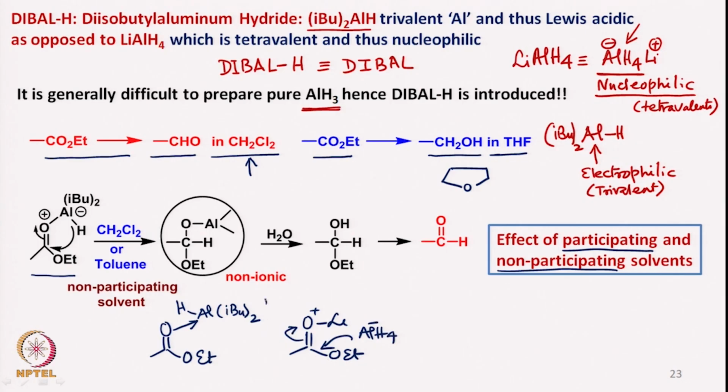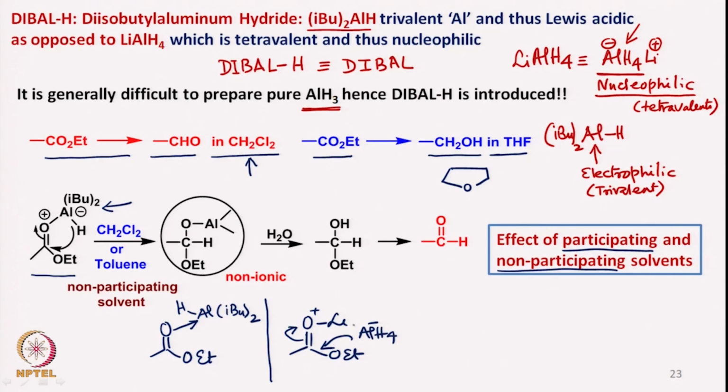The difference between these two is that the interaction of the ester oxygen with DIBAL leads to such an ionic intermediate, where the aluminum, which was originally trivalent in diisobutylaluminum hydride, has now become tetravalent with a negative charge, and therefore it is now capable of transferring a hydride.